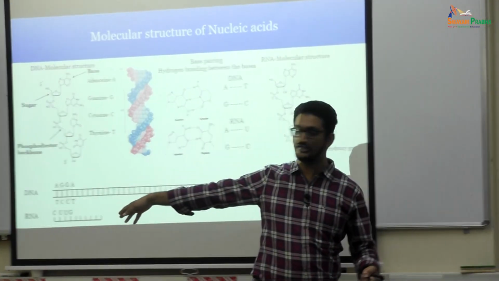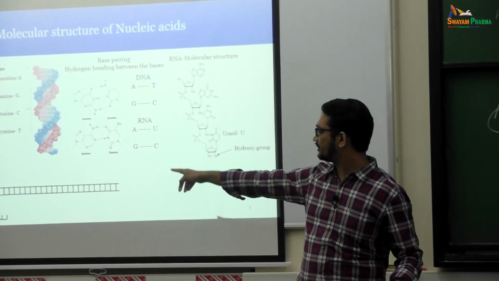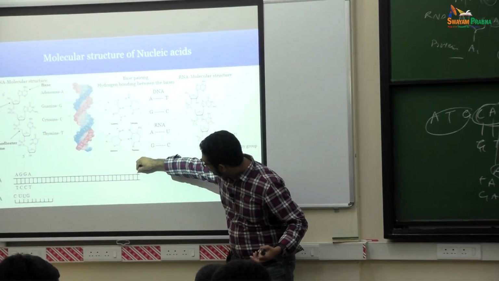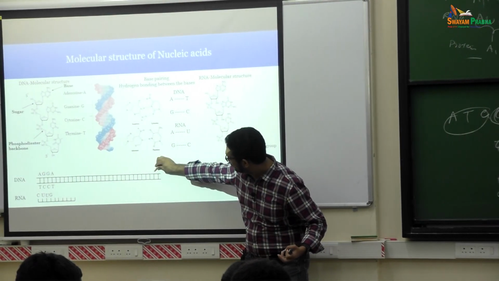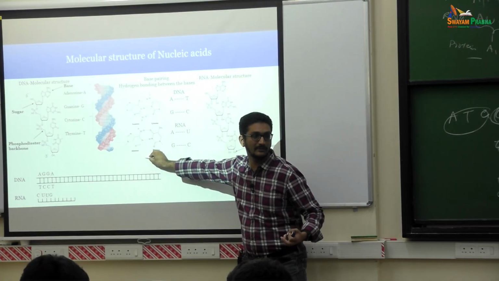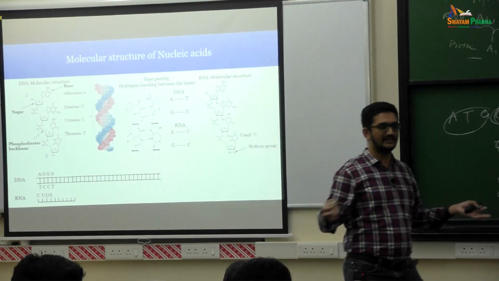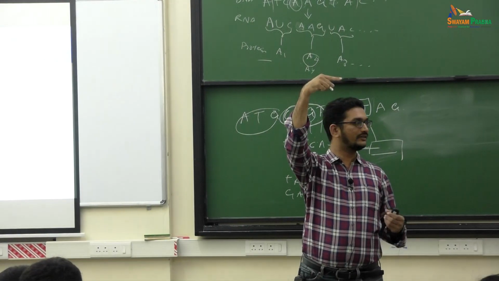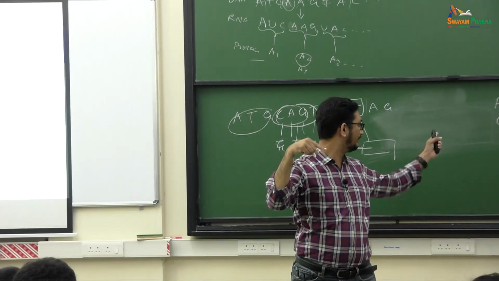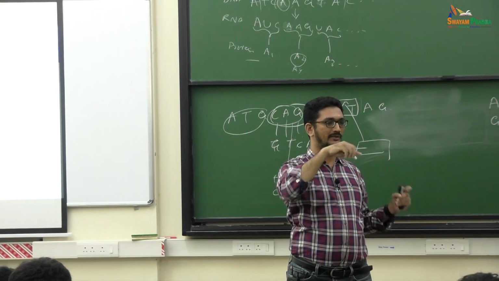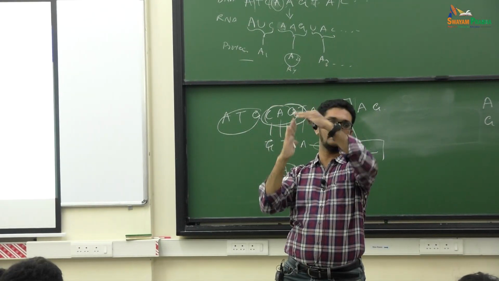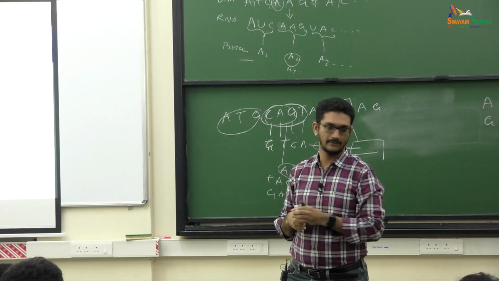A is complementary to T, G is complementary to C. Each of these is one base and this will be its complementary base. This is one base, this is its complementary base. It could be any sequence; I am taking a general case. But suppose the top one is A, the bottom will be T. The top one is G, the bottom will be C. So in each of those lines, the top is one base and the bottom is the other base. Okay.